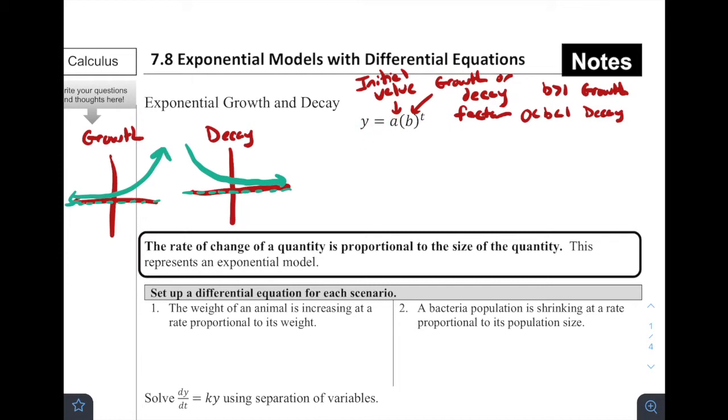So what I'm going to do is take the derivative of each side of this equation with respect to time. We're going to do a little bit of implicit differentiation here. So if we take the derivative of the left side, y with respect to time, we're going to end up with dy over dt. And that's going to be equal to the derivative of the right side with respect to time.